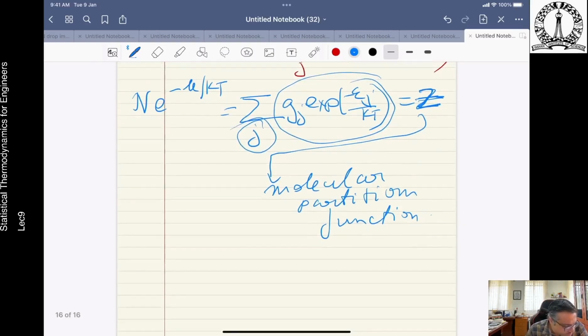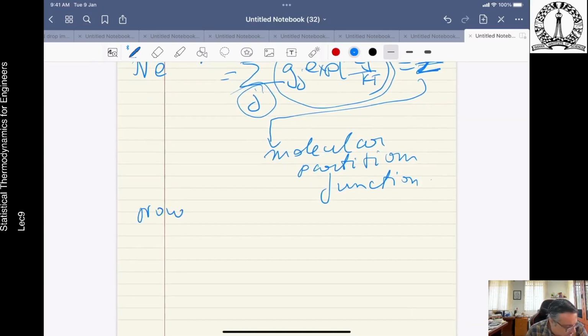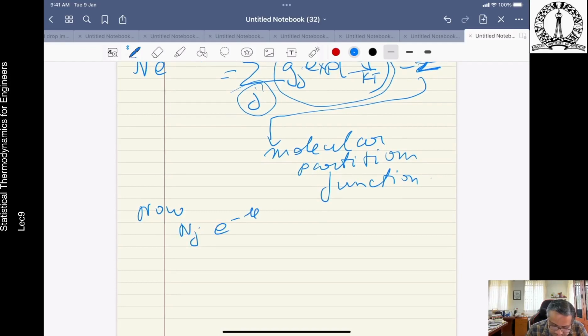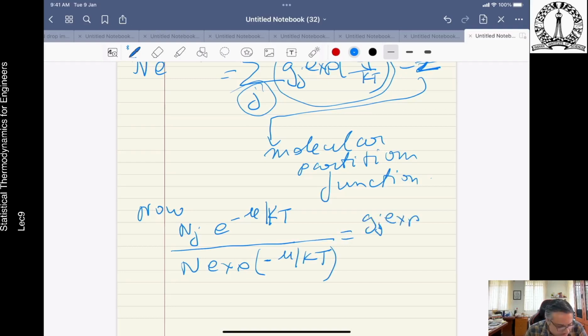Now, if you take Nj and divide it by N exponential minus mu by Kt, that is nothing but Gj into exponential minus Ej by Kt divided by Z. So what is this particular term?